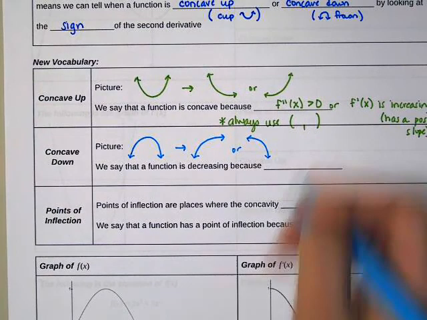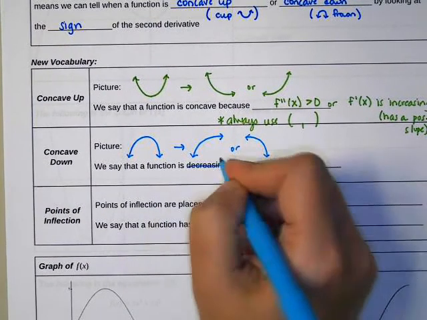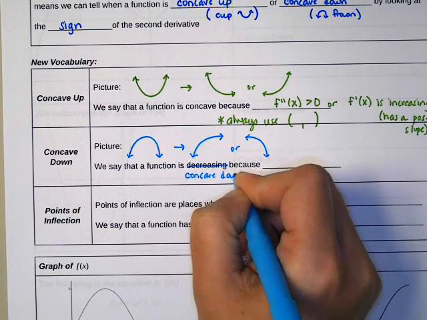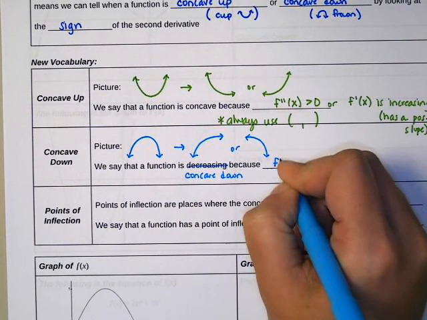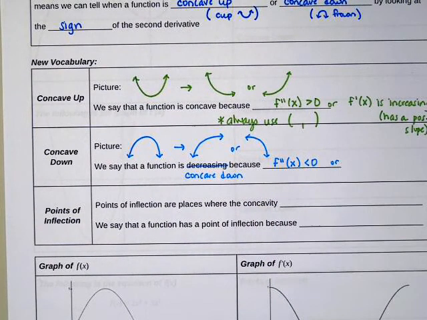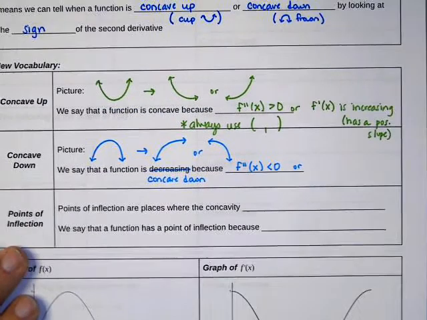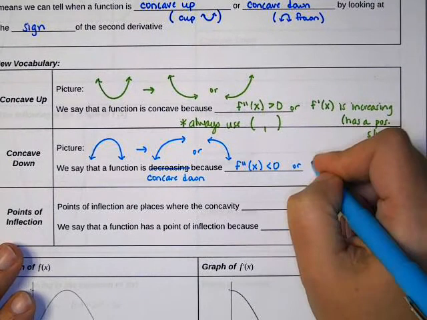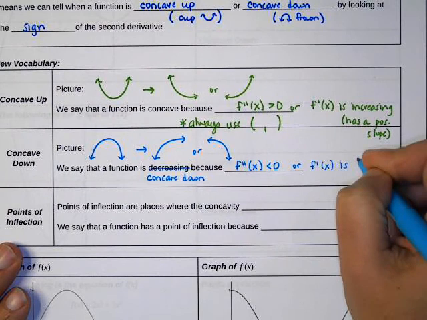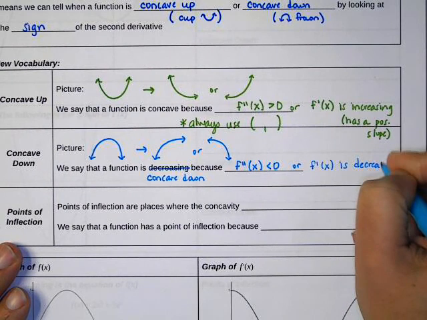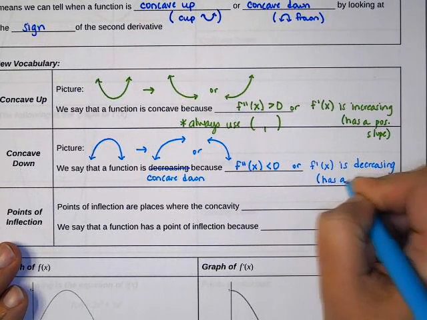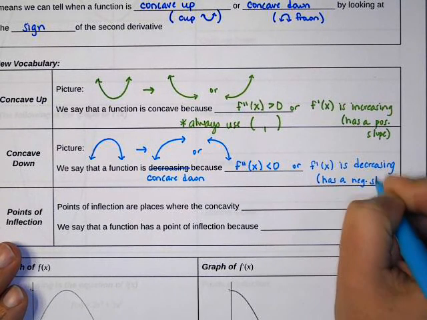We say that a function is, this should say concave down, I apologize, because the second derivative is less than 0, or if we don't have the second derivative and all we have is the first derivative, we say because the first derivative is decreasing, which means it has a negative slope.